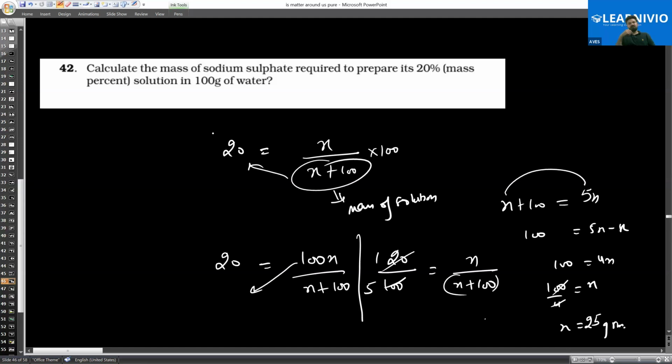Calculate the mass of sodium sulfate required to prepare. Write on question number 42. Please fast. Question number 42. Please note it down fast.